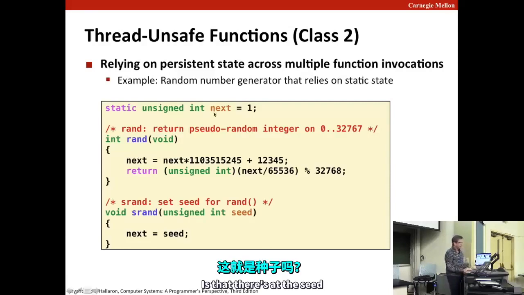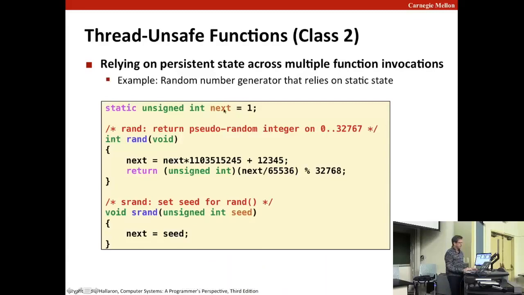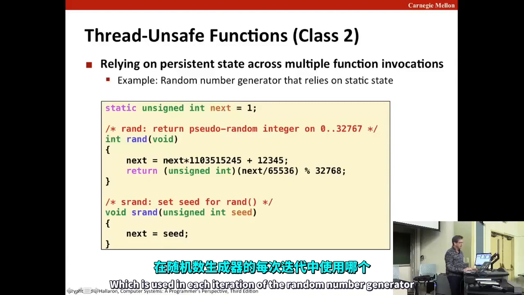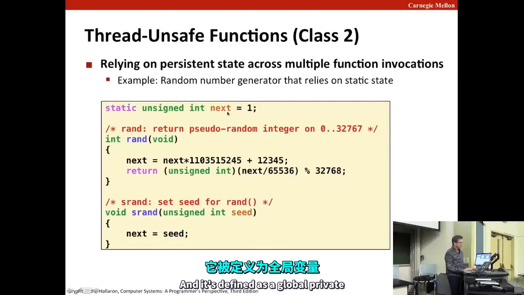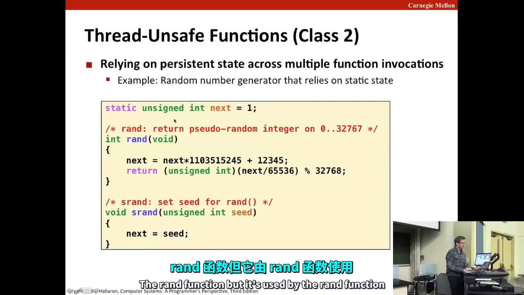And the way this is implemented is that there's a seed variable called next, which is used in each iteration of the random number generator, and it's defined as a global. Static makes it private, so it's not accessible to programs that are calling the rand function, but it's used by the rand function.